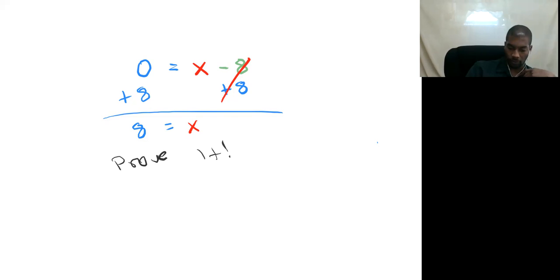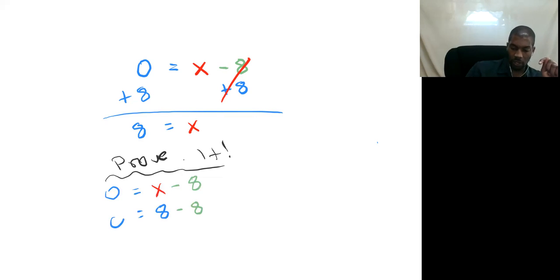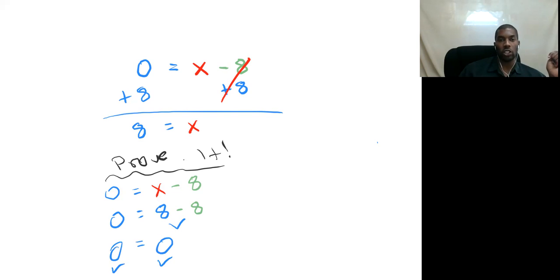Rewrite the original equation. 0 equals x minus 8. Replace or substitute what we said x was, which is in fact 8. So we've got 8 here minus 8 equals 0. Does 8 minus 8 equal 0? Well, 8 take away 8 is in fact 0. 0 equals 0. We are good to go.